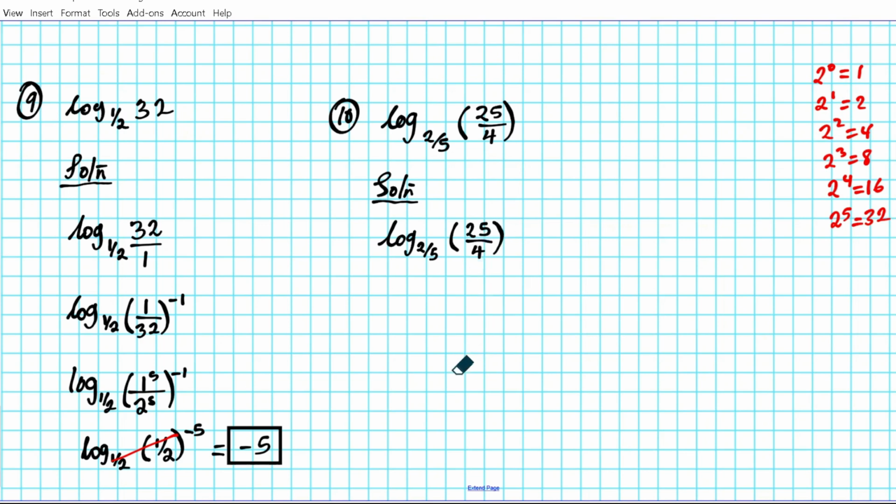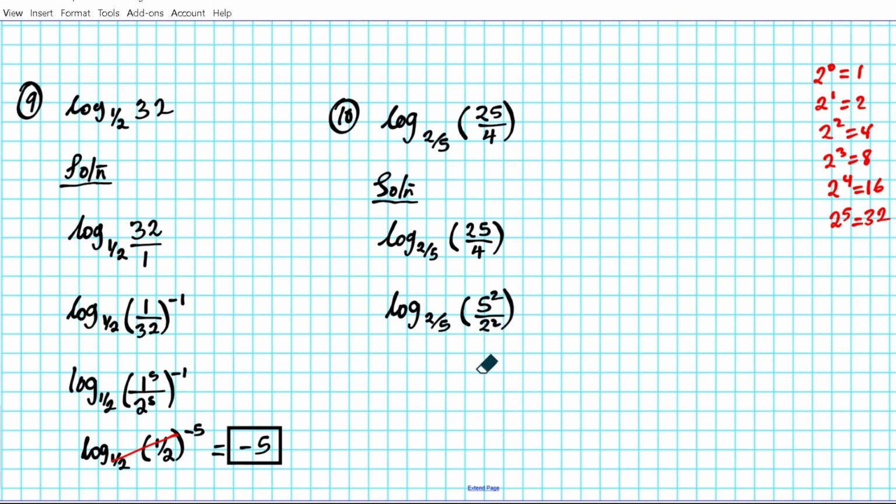Okay? All right, so this is a puzzle. Can we write 25/4 as a power of 2/5? Is that possible? Well, let's express them as powers first. So if you do that, 25 is 5 to the 2nd power, and 4 is 2 to the 2nd power.